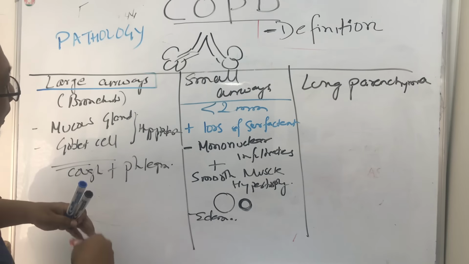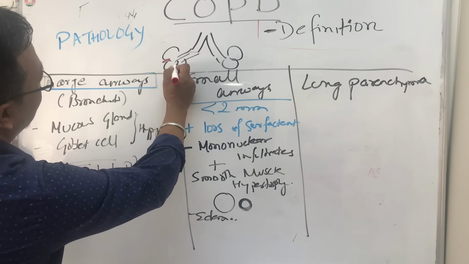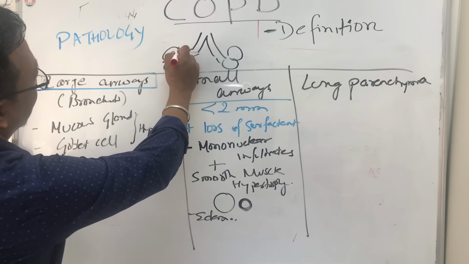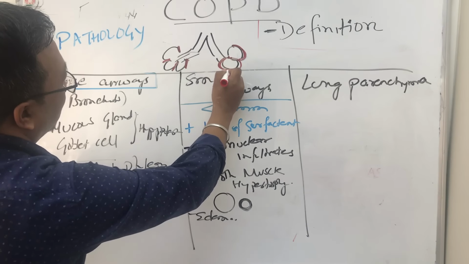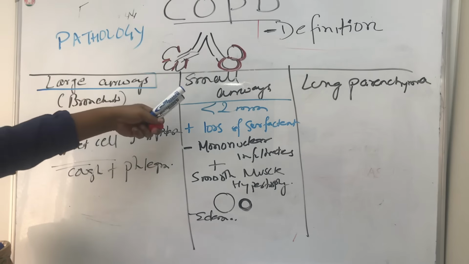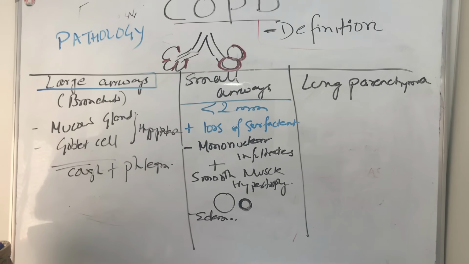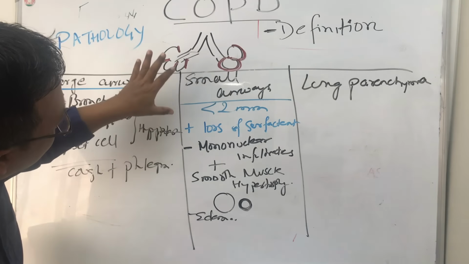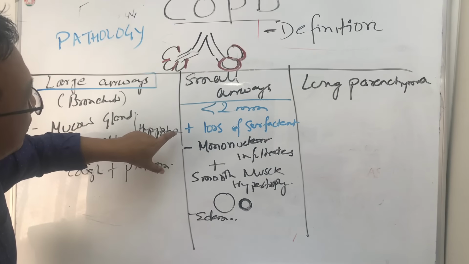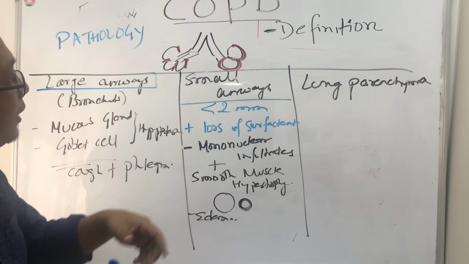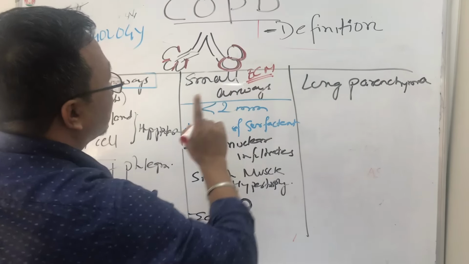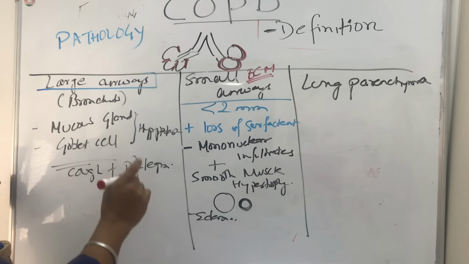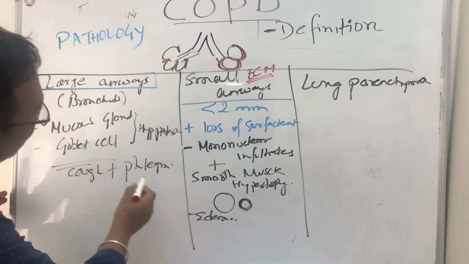So it's destruction of the extracellular matrix, the matrix which is surrounding this alveoli. There is destruction of the extracellular matrix that takes place in small airways. Along with extracellular matrix destruction, which you have to mention in small airways, don't forget, the extracellular matrix is destroyed, along with all these points.